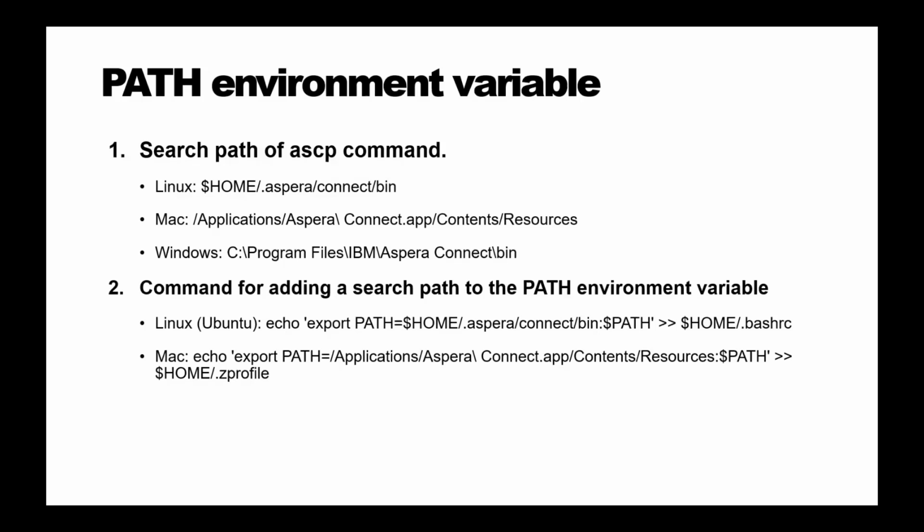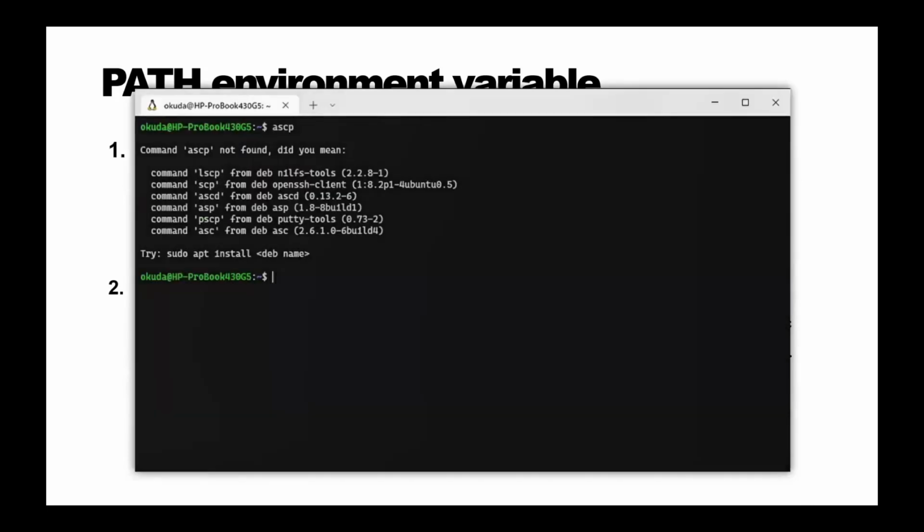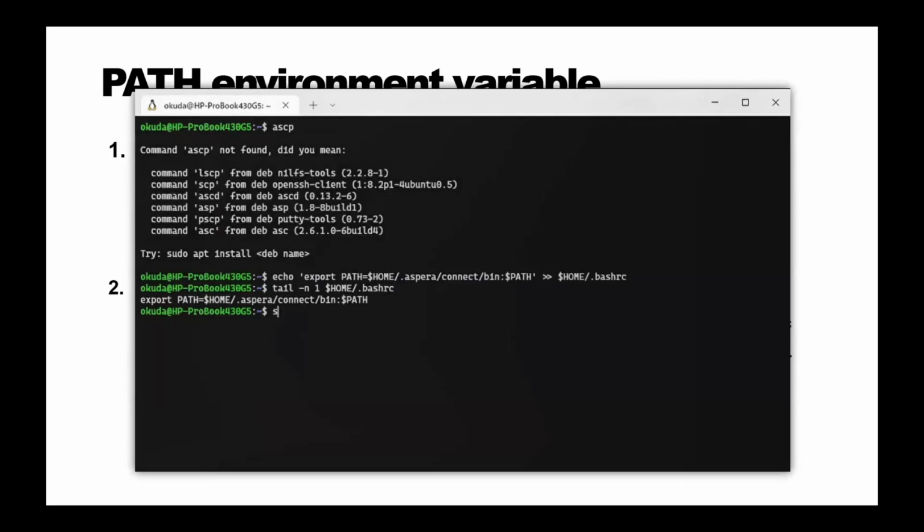In the case of Ubuntu, add this line to the .bashrc file in your home directory. Use the echo command and redirect to the .bashrc file. If there is only one greater-than symbol, the entire .bashrc file will be overwritten.